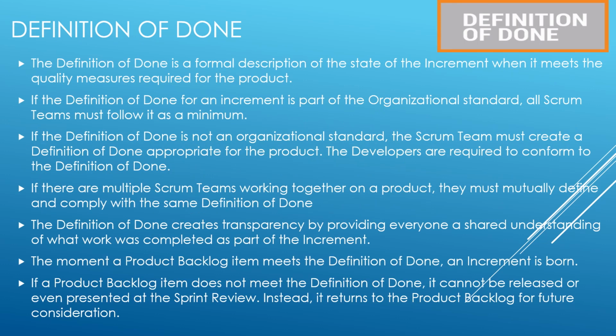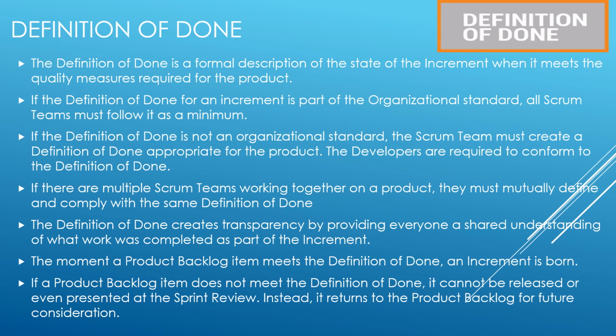Definition of done. Definition of done specifies the standards every item in the sprint backlog must meet for the increment to be considered as done. Definition of done may be defined as an organizational standard. In some cases, it would be defined by the Scrum team. If multiple Scrum teams are working on a product, then all the Scrum teams should mutually agree on the same definition of done.